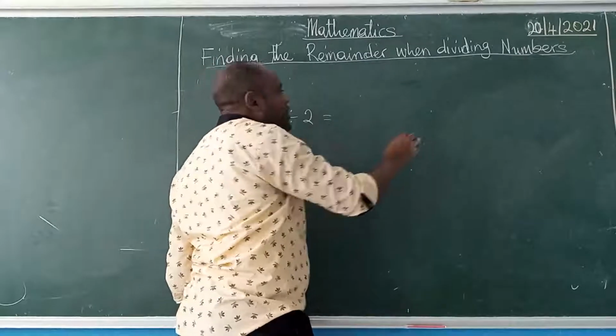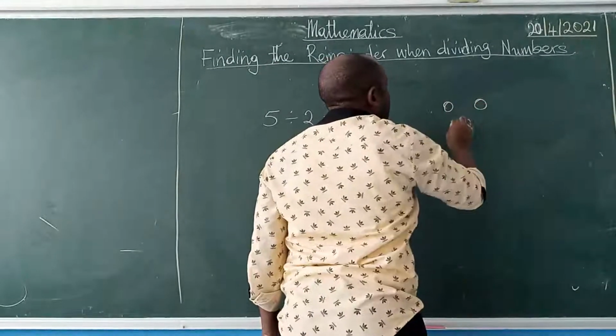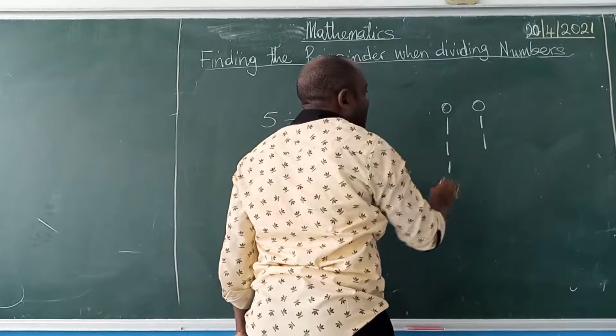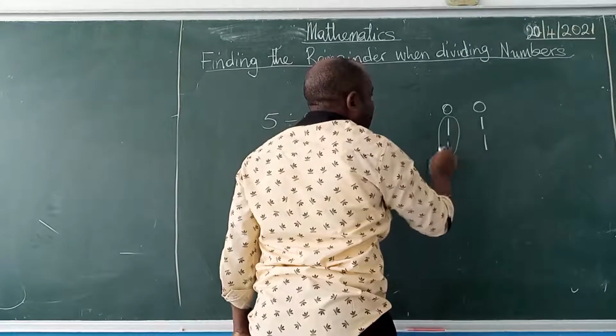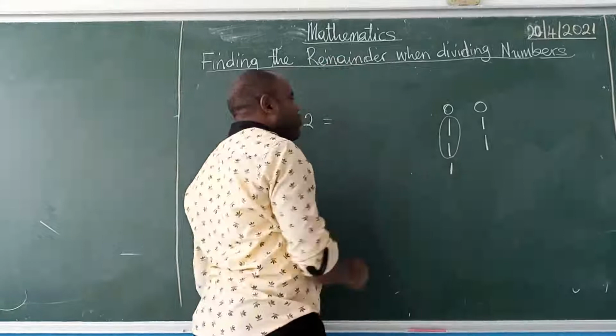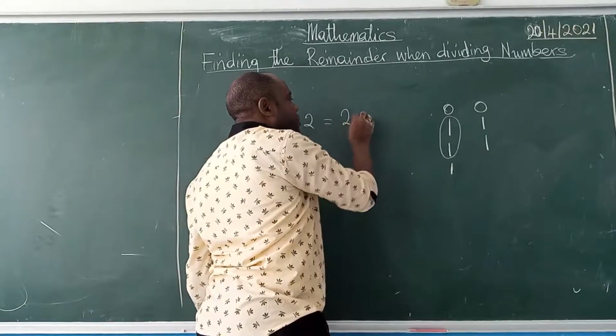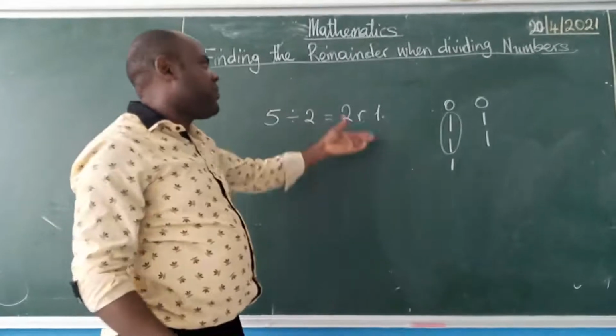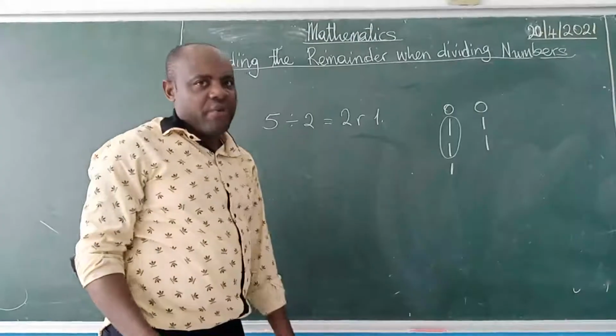If I want to count it, this is 2. I count 1, 2, 3, 4, 5. So when we look at the complete ones, we have just 2. So this will be 2, remainder 1. So we want to look at how we can find this remainder of numbers.